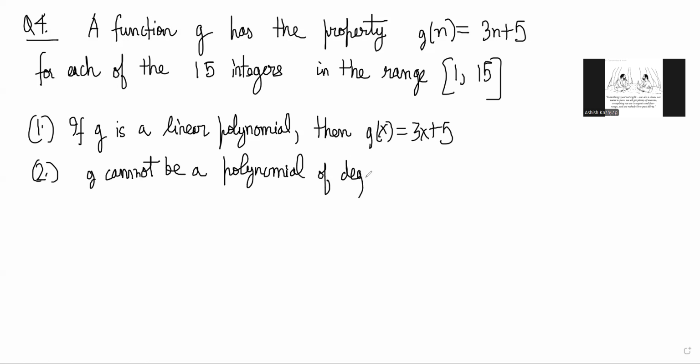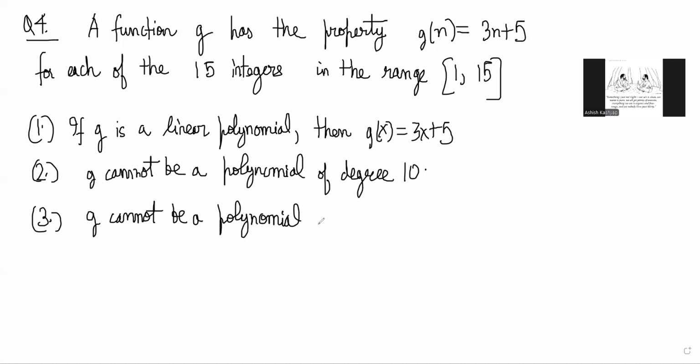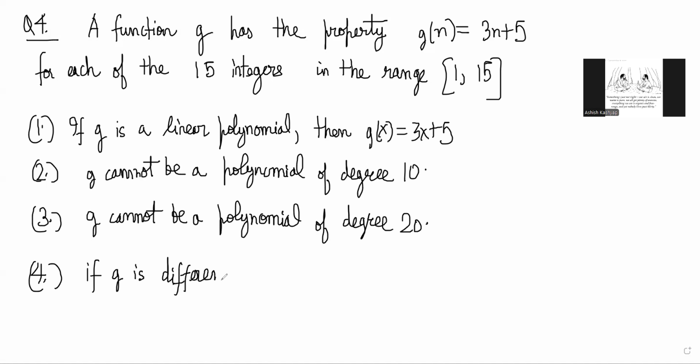Third statement is g cannot be a polynomial of degree 20. And fourth statement is if g is differentiable, then g must be a polynomial.